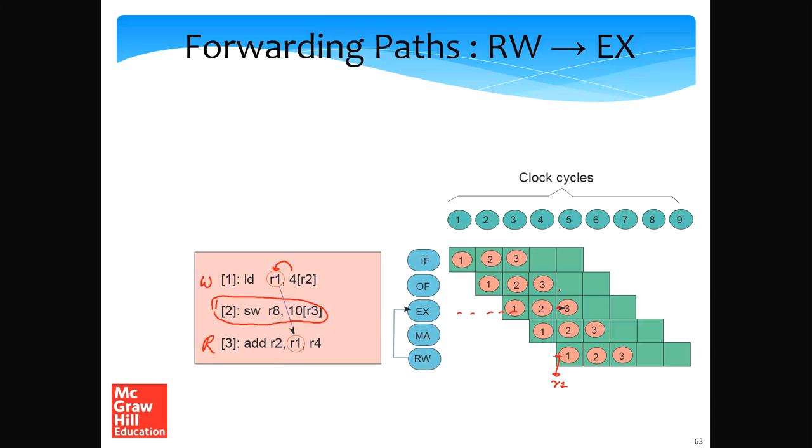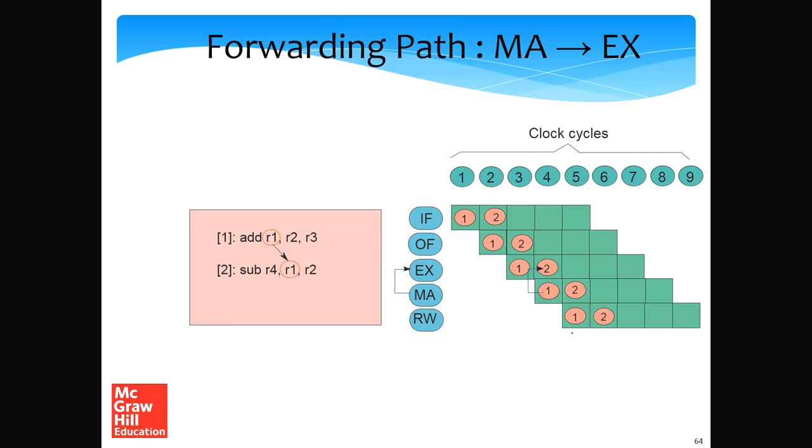Again, this is the ideal case of forwarding because the value of R1 is already there in a later stage, stage number 5, which is the RW stage. So from RW to EX, we can just connect a set of wires and forward the value between instructions 1 and 3 and thus avoid stalls.